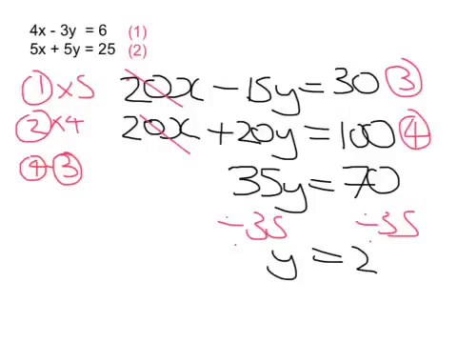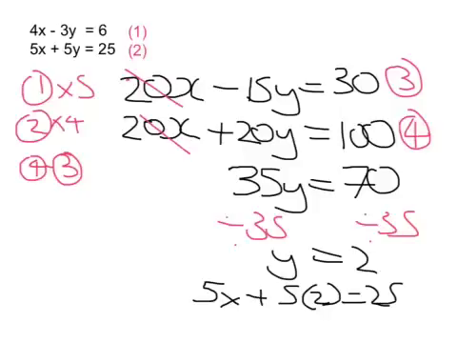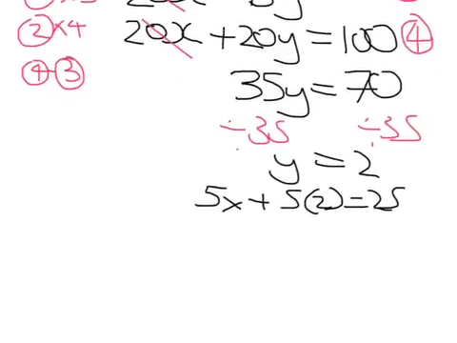We substitute that back into equation 2, and we have 5x plus 5 lots of 2 equals 25. So we can say 5x plus 10 equals 25.